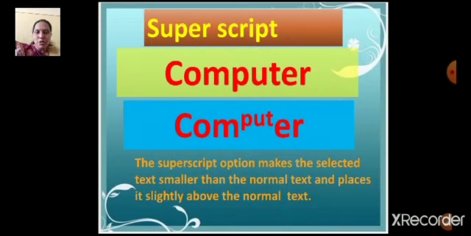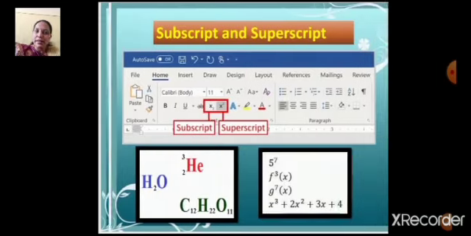The superscript option also makes the text smaller and slightly places the text above the normal text. So compared to all other text, it makes the text smaller, and in subscript it places below the normal text. In superscript it places above the normal text.